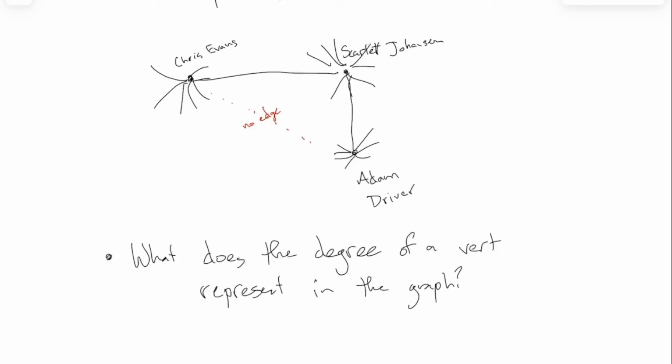Can anybody say in words, in terms of the thing that the graph is meant to represent, what does the degree mean? The degree, remember, means the number of edges that meet one of these vertices.